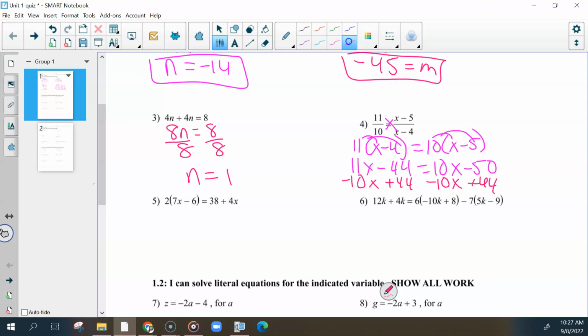If you did the opposite, that was fine too. So then you would get just 1x on this side and negative 6 on the other, or you could drop the 1. X equals negative 6 was your answer for that one. Do we have any questions on that one?